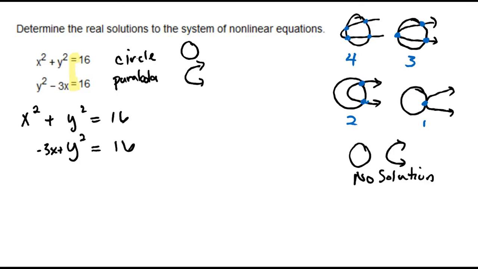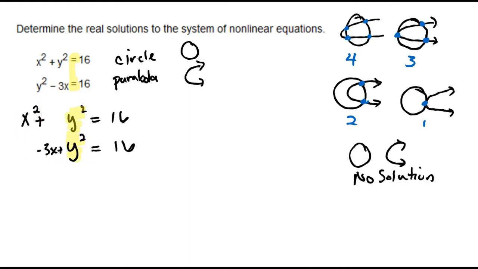So now my y squareds are lined up. So my x squareds don't have any like terms. My linear x term doesn't have any like terms, but I've lined up the y squareds because those are like terms.